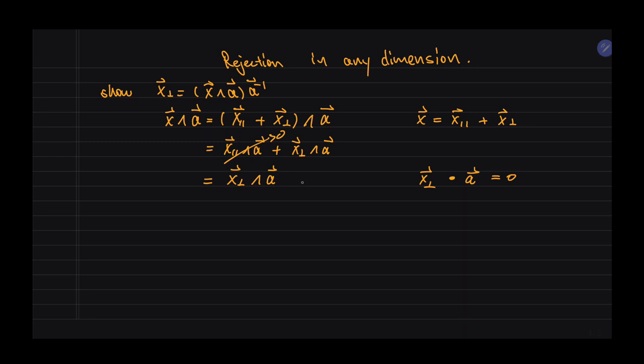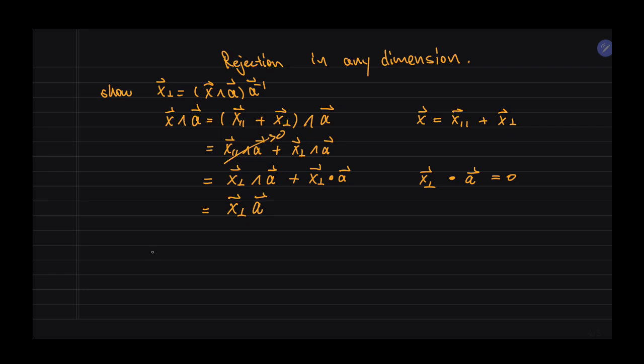So we can add 0, and instead of writing 0, I write x orthogonal dot a, which is equal to x orthogonal geometric product a.